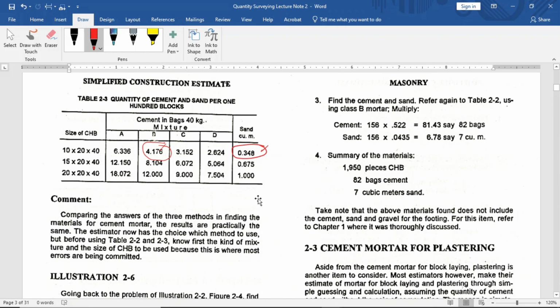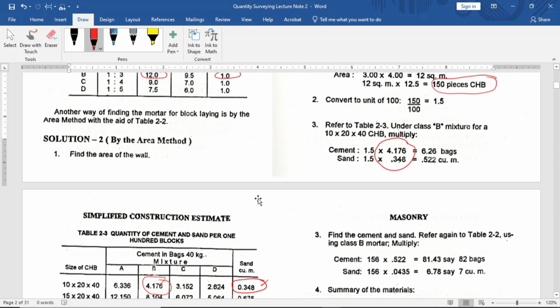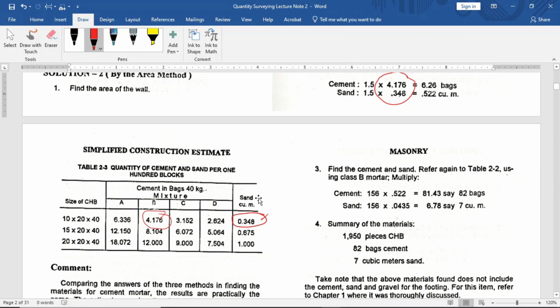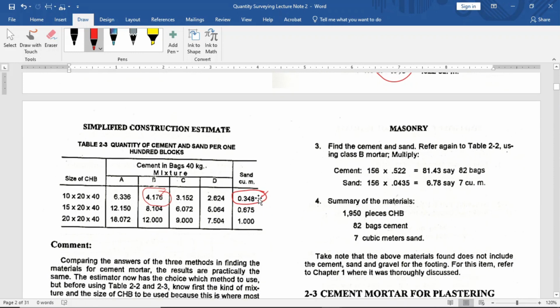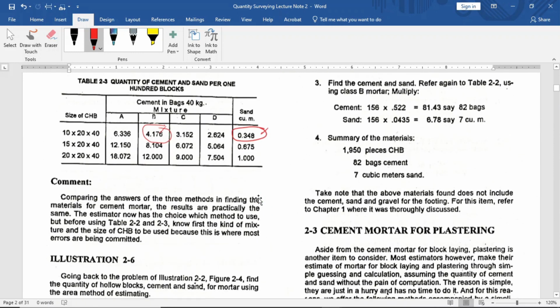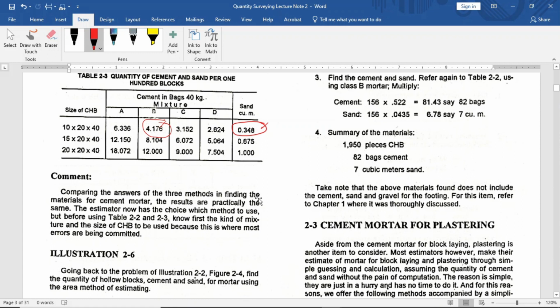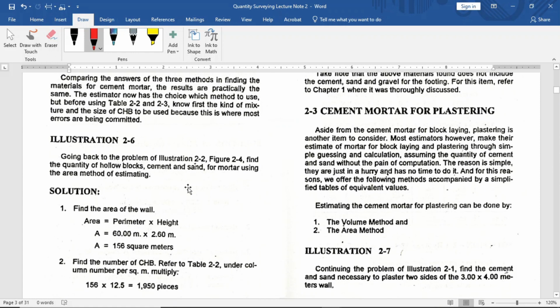So, nasa sa inyo na yan kung ano yung gagamitin nyo sa pag-estimate nyo, kung by volume method, by area method, or by 100 block method. So, saan mas convenient para sa inyo. So, next example tayo.